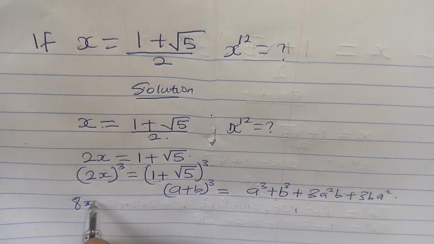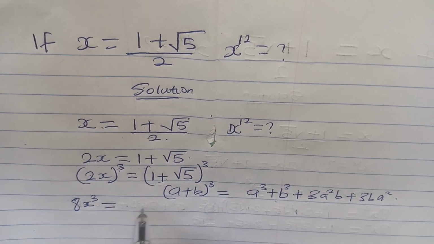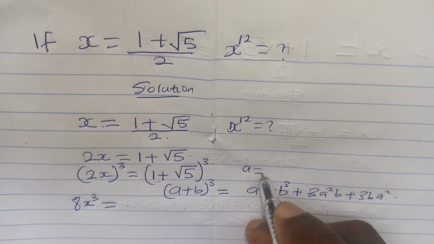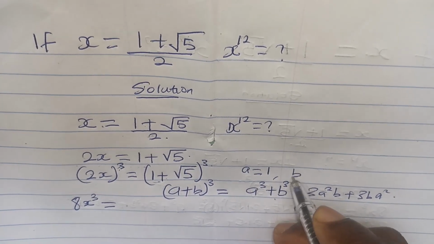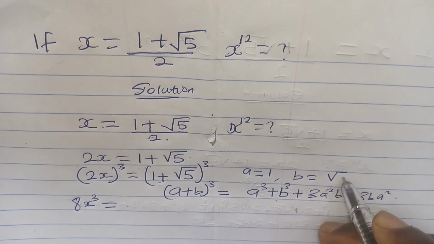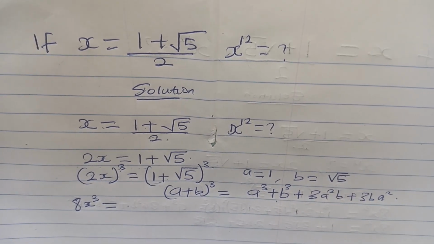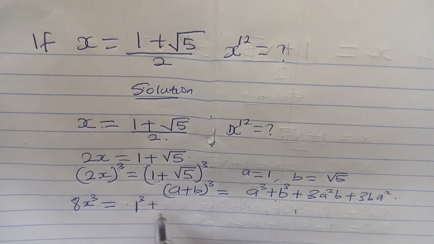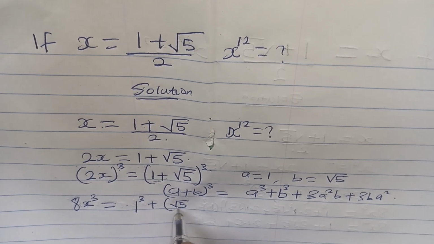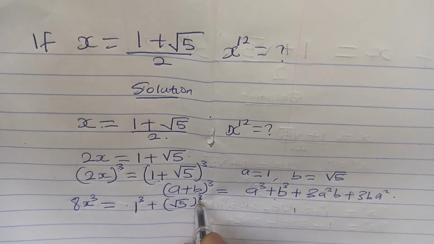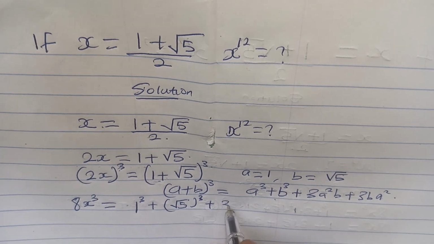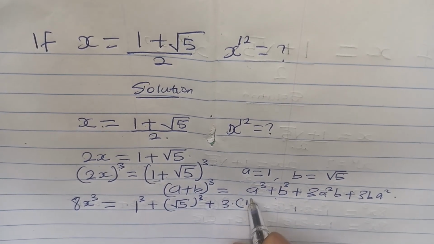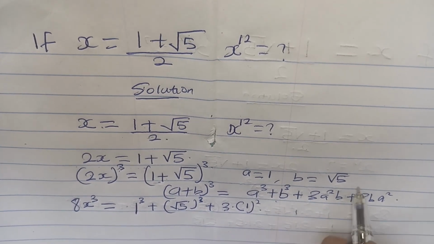So we are saying 8x to the power of 3 is equal to, and we put this identity where our a is equal to 1 and our b is equal to root 5. So if I put this identity here, I'm having 1 to the power of 3 plus (root 5) all to the power of 3, plus 3 times, where's your a? Your 1 squared times, where's your b?